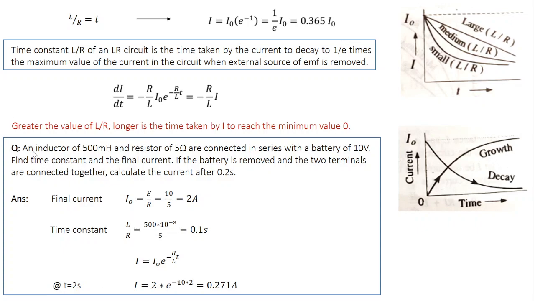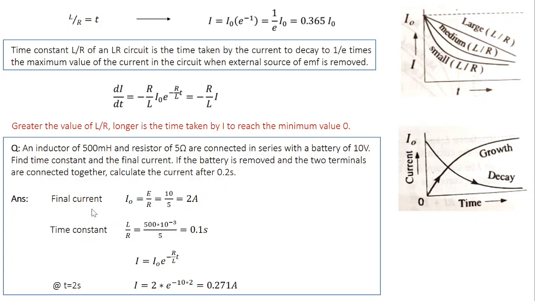Let's do a quick problem. An inductor of 500 millihenry and resistor of 5 ohm are connected in series with a battery of 10 volt. Find the time constant and the final current. If the battery is removed and the two terminals are connected together, calculate the current after 0.2 seconds.